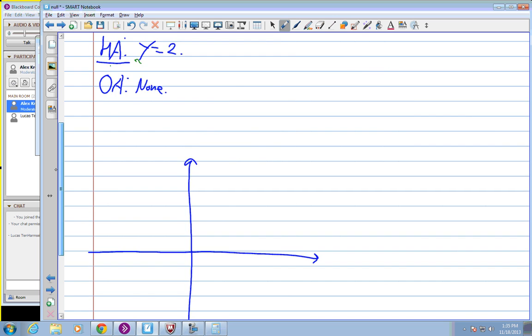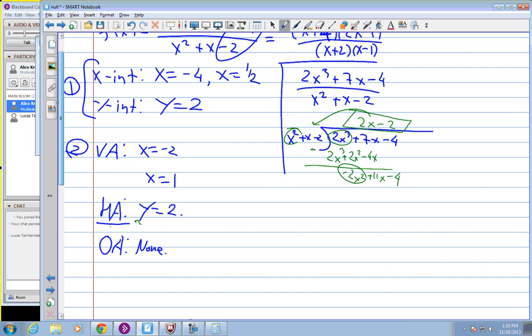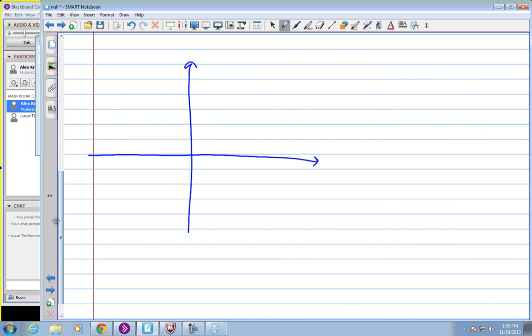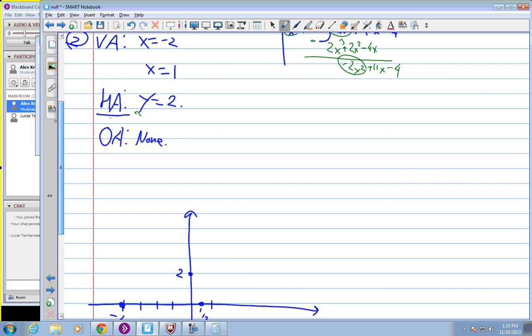Now I can sketch the graph of this thing. So let's label everything. X-intercepts at -4 and +1/2. Y-intercept is, let's call this a 2, right? And what else?